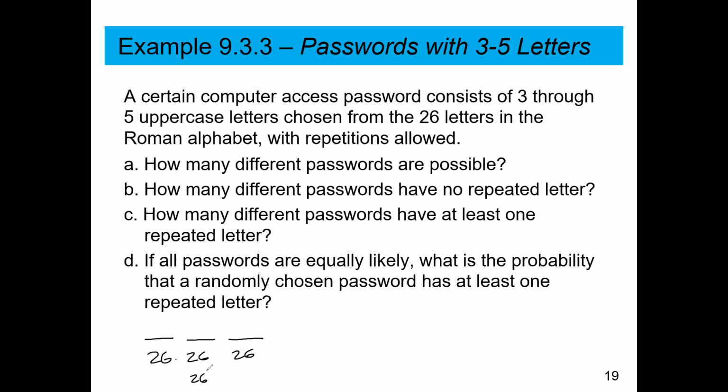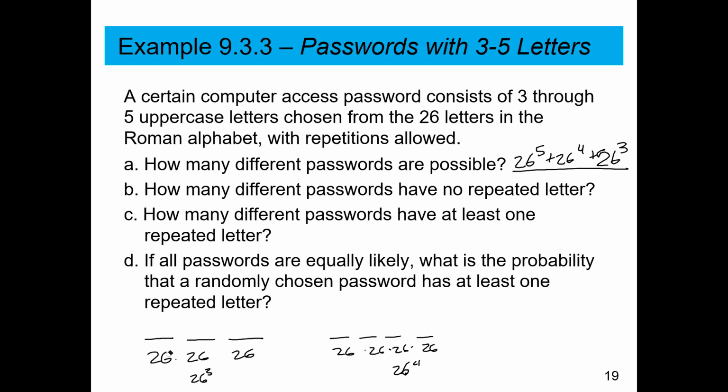So that's 26 cubed. 4 letters, it's going to be 26 times 26 times 26 times 26, because if I don't put any restrictions, each one can have any of the 26 letters, 26 to the 4th, and obviously the same thing for the 5th. So this number right here is going to be 26 to the 5th plus 26 to the 4th plus 26 to the 3rd. So that's our first answer. All right, so that's part A.